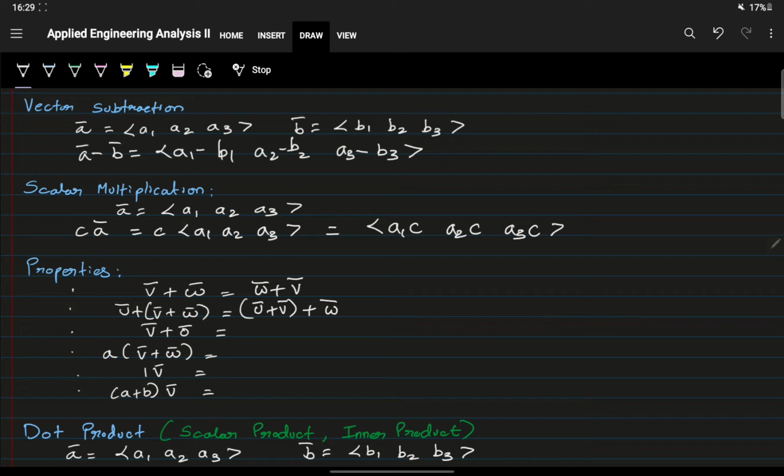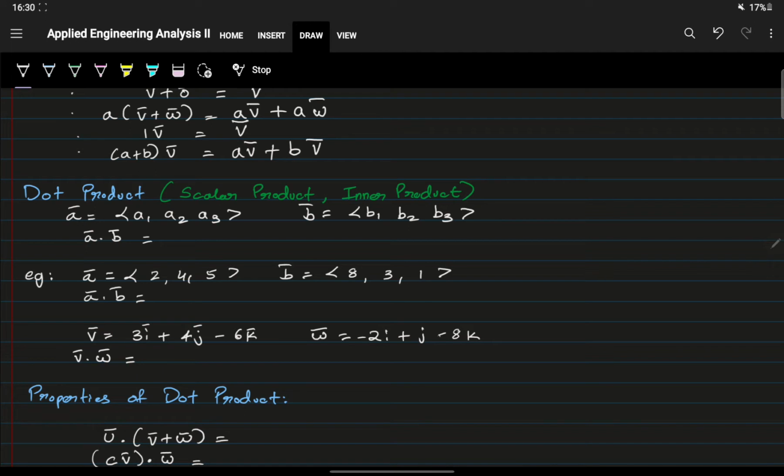When we add a vector with the zero vector, the output is the initial vector. When we multiply a constant to a sum of vectors, we get this. And when we multiply 1 to a vector, we still get the same vector. And (a plus b) times V bar is given by a V bar plus b V bar.